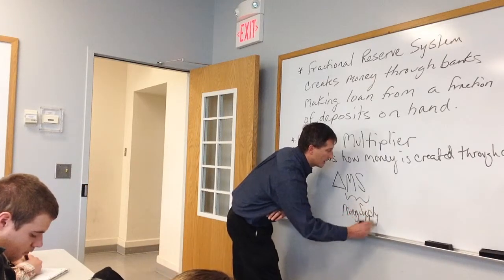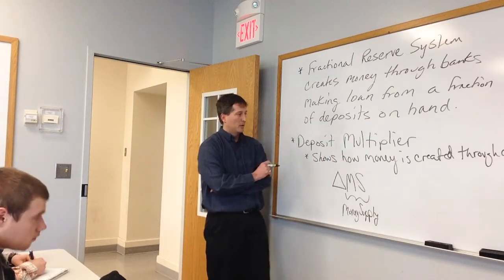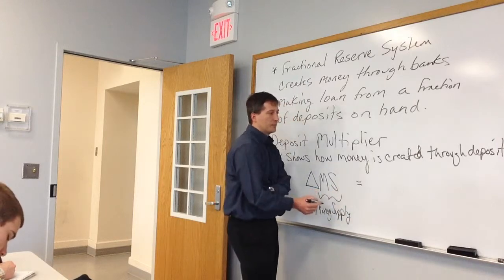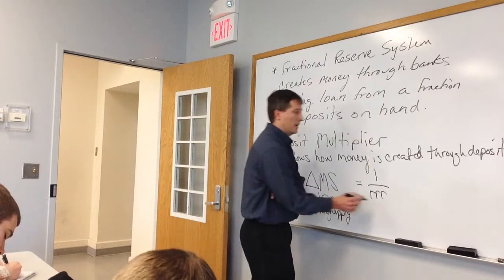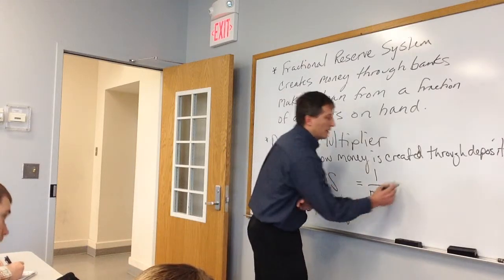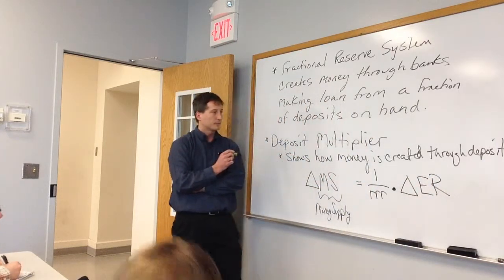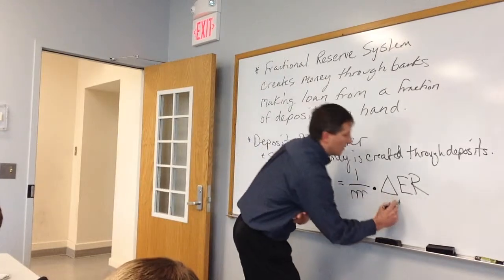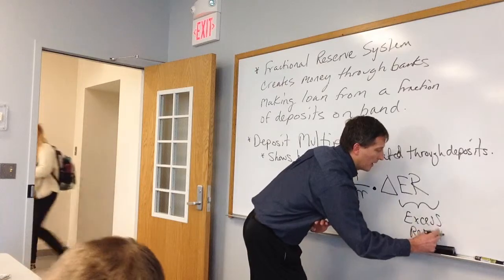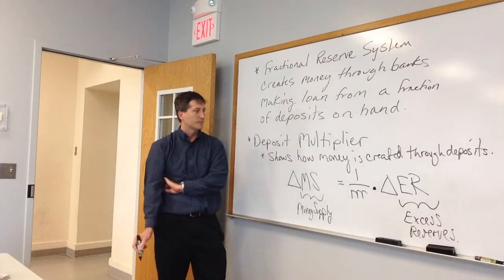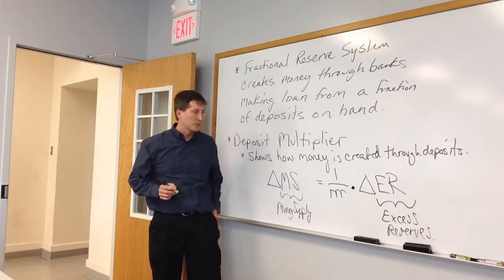Remember, the triangle is always change, so the change in the money supply is equal to 1 over the required reserve ratio times the change in excess reserves. We did define this, but I'll write it out anyway today. So, excess reserves. RRR was the required reserve ratio, which you also should have in your notes from last time.